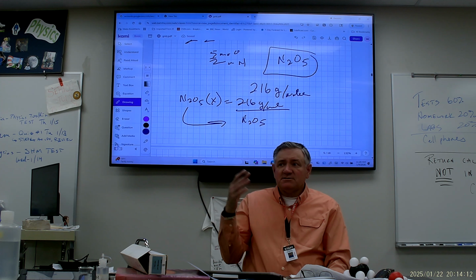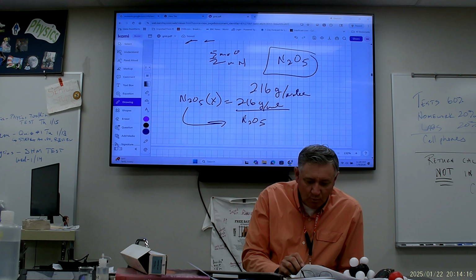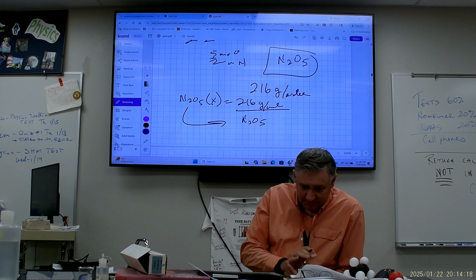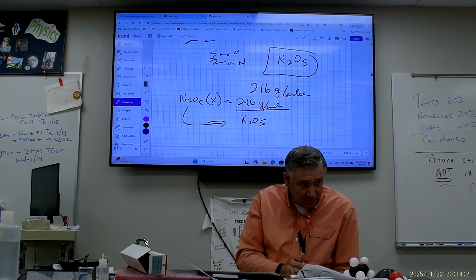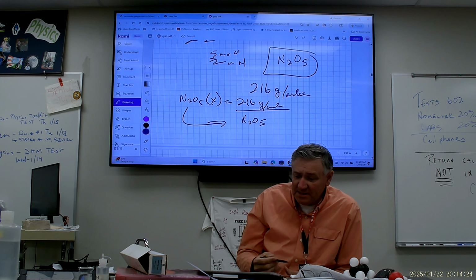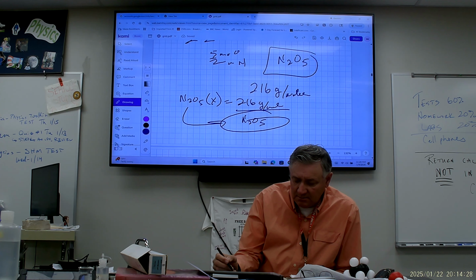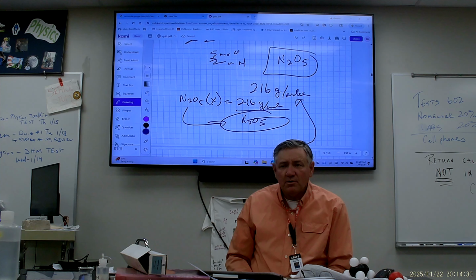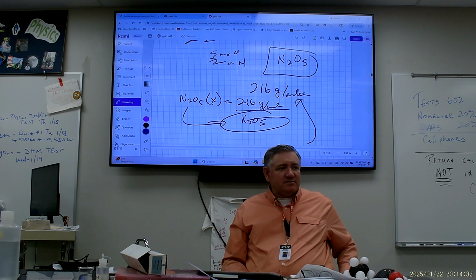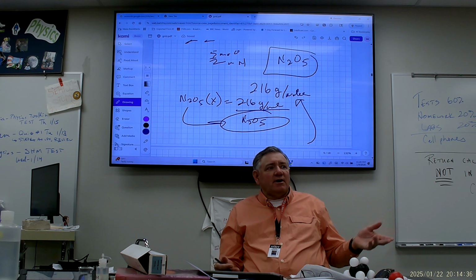So here's how you can check that your final answer is right. Whatever you think your formula is on that last one, that ratio of nitrogen to oxygen, there's a couple of things you could do. One is you could, when you get that final answer, find the molar mass of that and see if it's 216. If it is, hey, odds are you did it right.